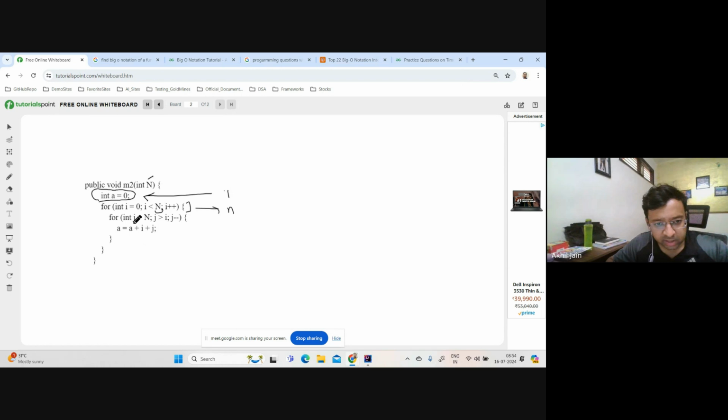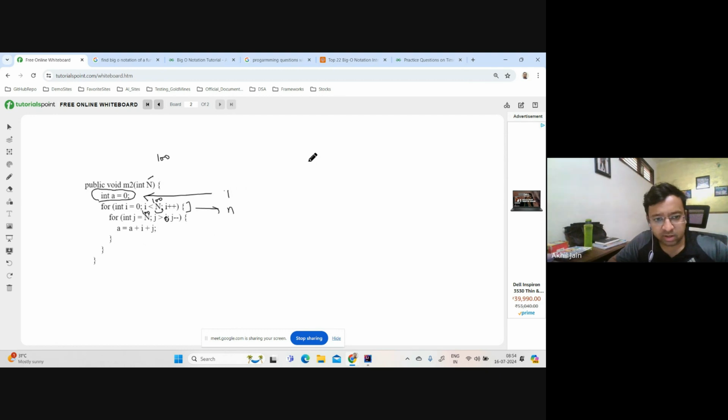And if you look at this, what is happening here? We are saying int j equals n. Let's say we provide 100 as n, so it is 100 here. So j is becoming 100, and j has to be greater than i, which is 0 in this case.